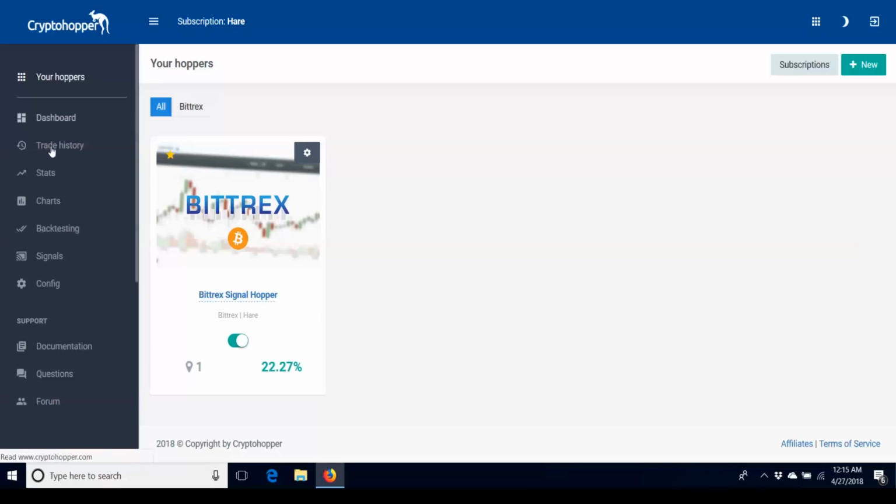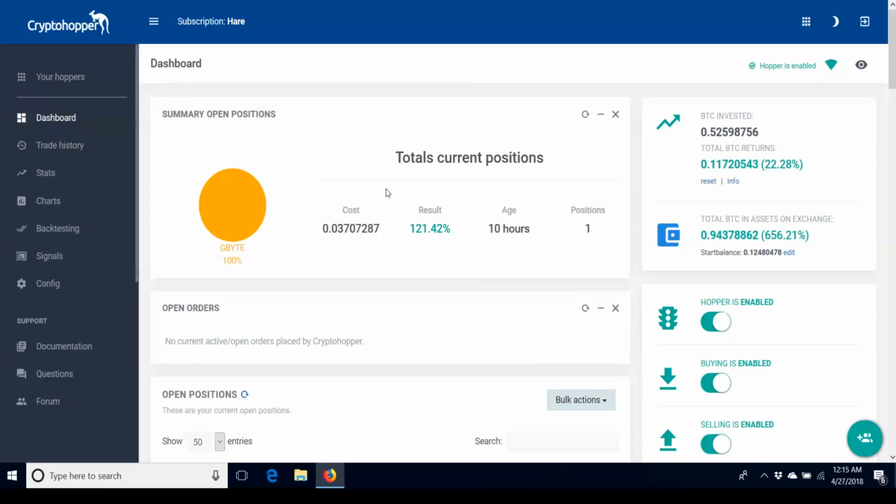I just want to open this up, and you can see 22.28%, because I started this with just over, I only have access to 0.12, I believe, of Bitcoin, something like that. So it's been doing pretty well.